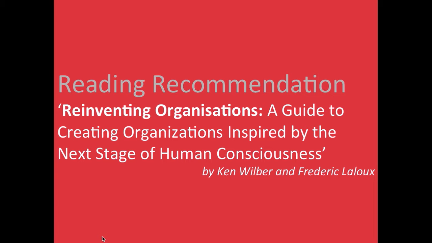So here's another reading recommendation for you on this subject that I have just been reading myself. It's quite interesting. It talks about the evolution of organisations. So we go back to what they call these pathological organisations that are ruled by fear, so things like the mafia, and then the evolution into more hierarchical, dictatorial, role-based organisations like the military.